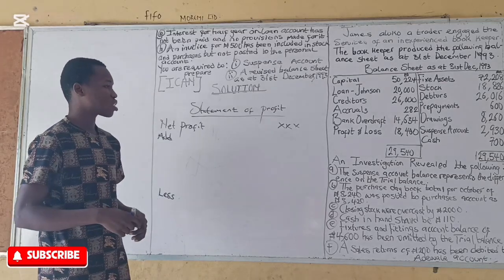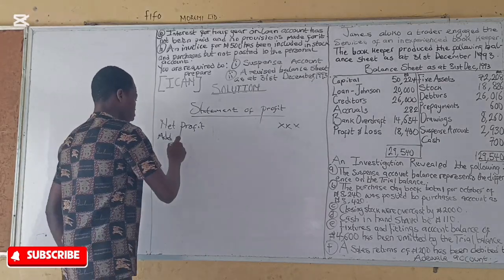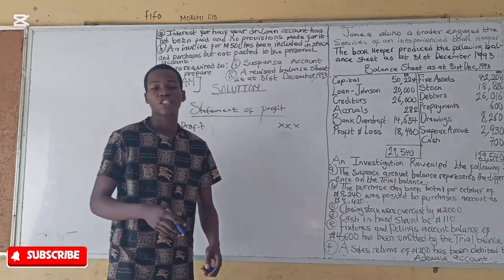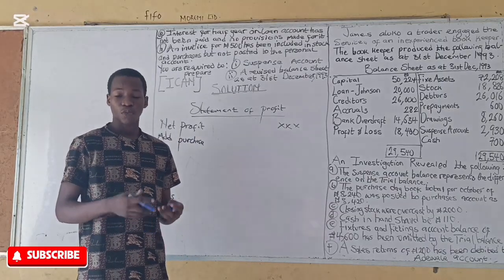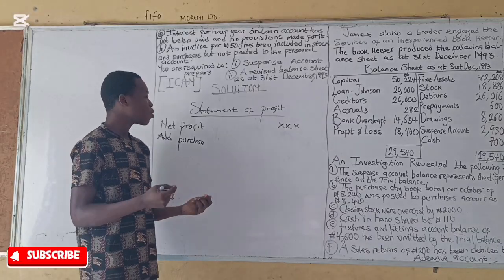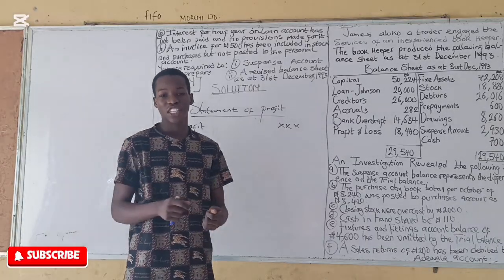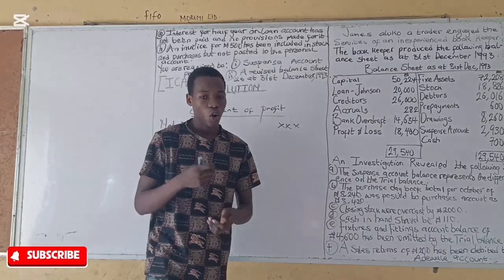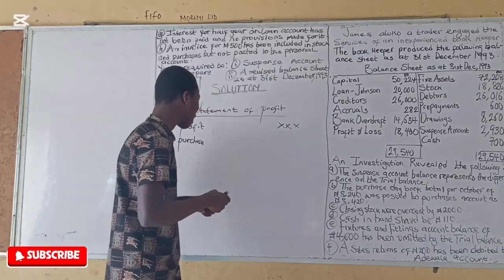So let's start with purchase. Purchase can be of two types: we can have purchase undercast, and we can have overcast. How will it affect your net profit? Let's look at this scenario.